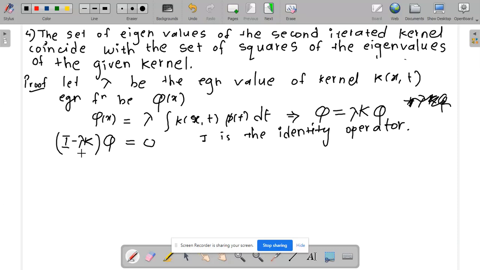When we operate both sides of this equation with the operator I plus lambda times K, what will happen to this equation?